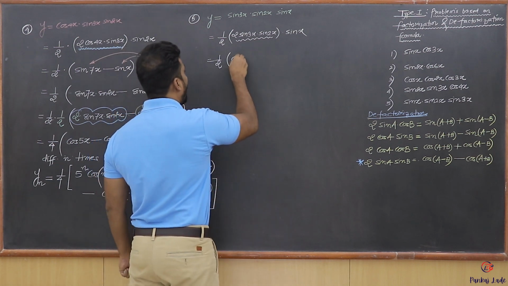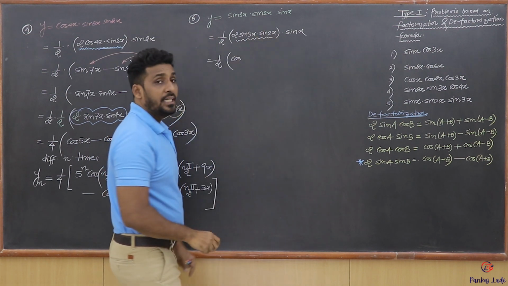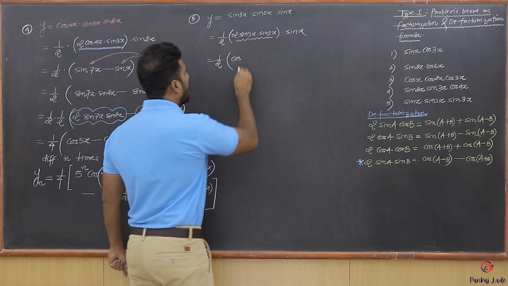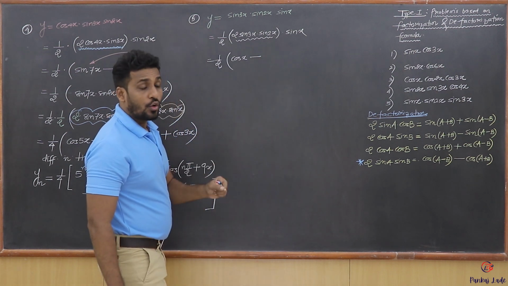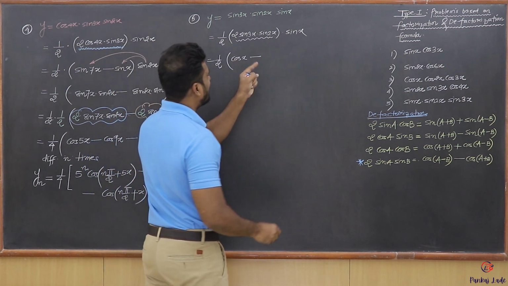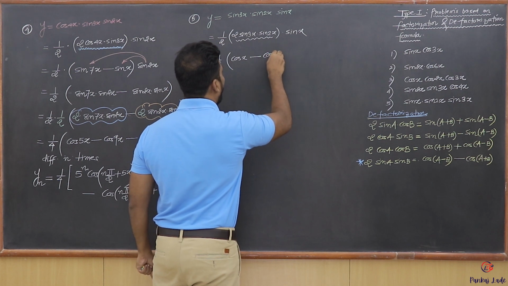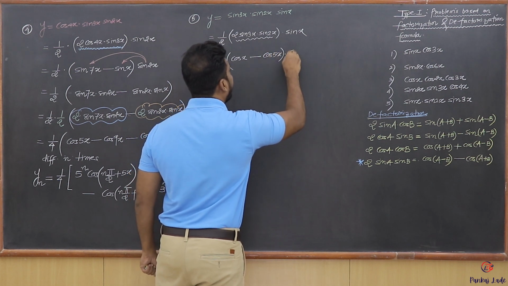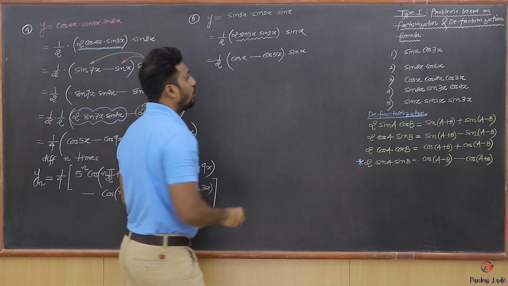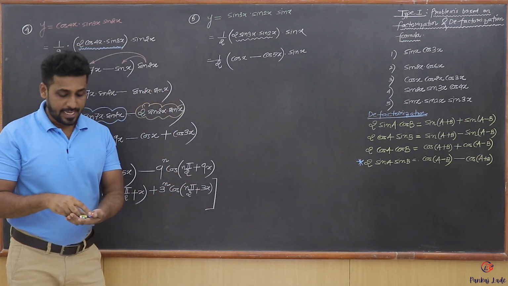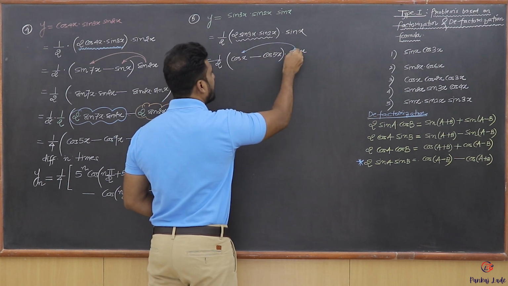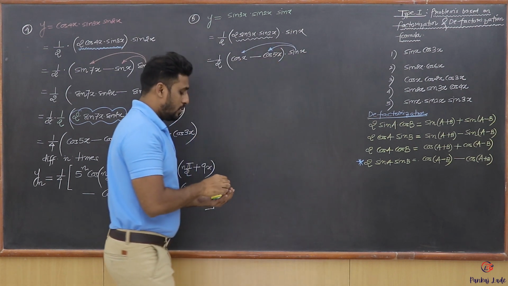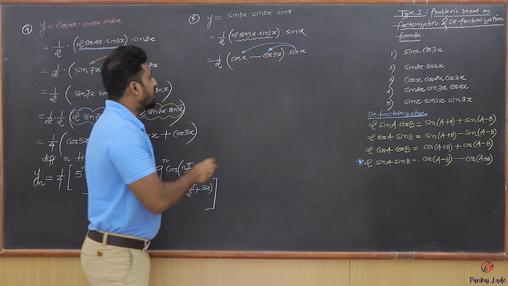So I write cos of a minus b, so that's 3x minus 2x. You get cos of x, then a minus sign, then the next term is going to be cos of a plus b, so that's 3x plus 2x. It is going to be cos of 5x into, we have sine x outside the bracket. Obviously the next step is going to be multiplying the sine x inside the bracket. So it multiplies with the first term, it multiplies with the second term. So let's multiply sine x inside the bracket.